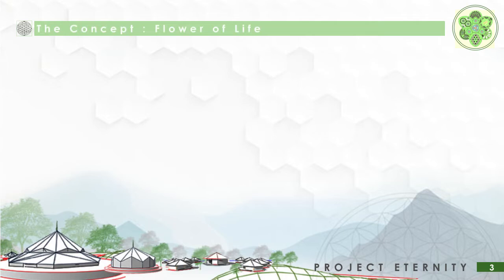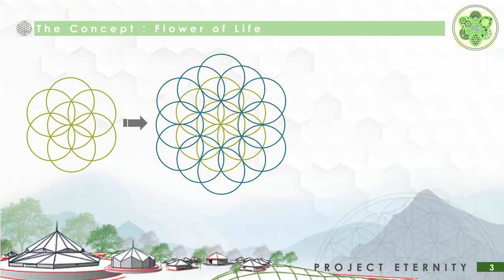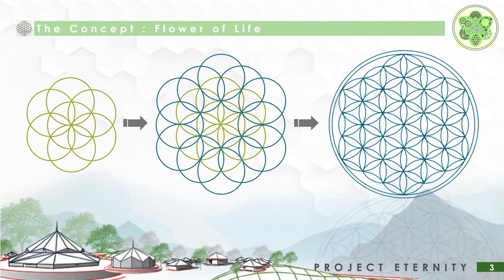We started to build Project Eternity based on the flower of life. If you have read the Bible, of the 6 days of creation and 1 day of rest, this is the 6 plus 1 circle that basically is the seed of life from which the flower of life comes in, and this total structure is probably everything that you see in the world today, whether it's music, whether it's energy, whether it's unity, or whether it is all about force and power.